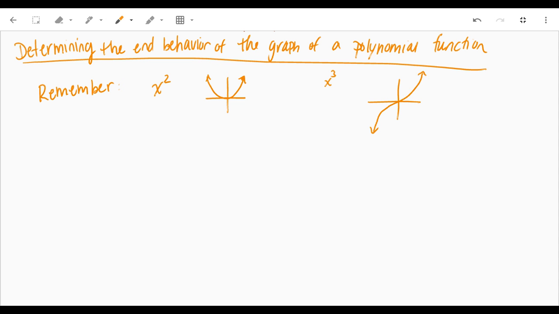Now, how that helps you is all polynomial functions with even degree. And remember, degree is the highest power.